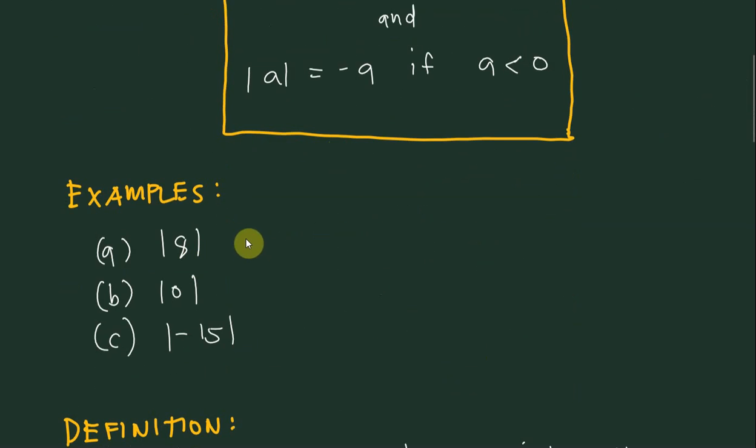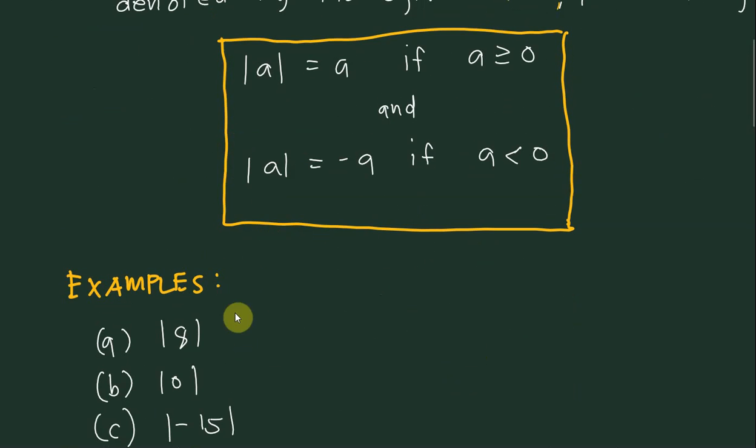To demonstrate this, let us do some examples. The absolute value of 8. Since 8 is a positive number, using this definition, 8 is greater than or equal to 0, so the absolute value is 8. Now let's proceed to B. The absolute value of 0 still falls under this definition. A is greater than or equal to 0, so A is equal to 0.